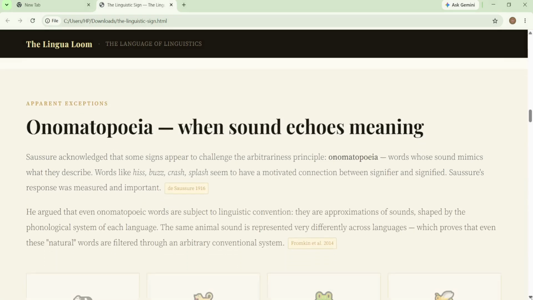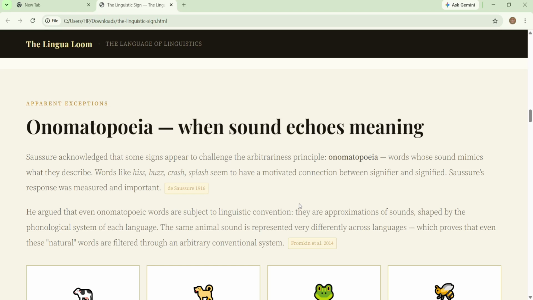So let's look at the next part, which is onomatopoeia. When sounds echo meaning. So Saussure acknowledged that some signs appear to challenge the arbitrariness principle, which is onomatopoeia. Words whose sounds mimic what they describe. Words like hiss, buzz, crush, splash seem to have a motivated connection between signifier and signified. Saussure's response was mild and important.